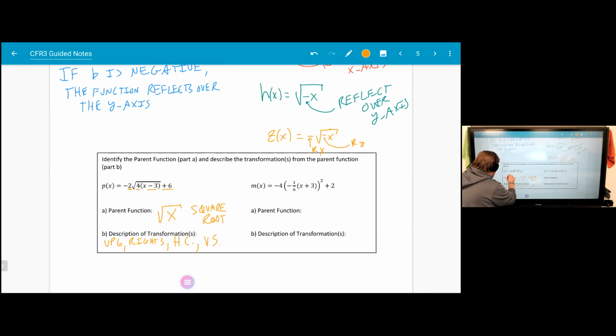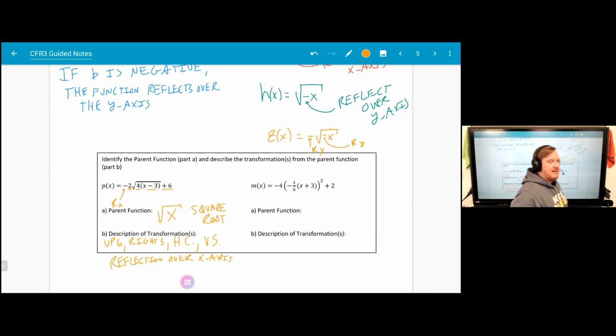And since we do have this negative out front, that is a reflection. Since it's a vertical reflection, it's a reflection over the x-axis. That one had 5.